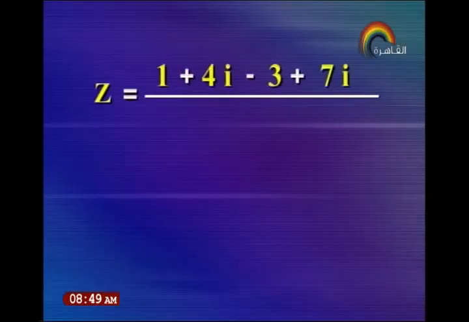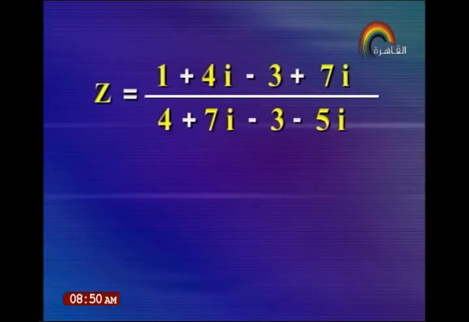We know that i squared equals negative 1, i power 3 equals negative i. Dear student, in complex numbers, we know that i is the imaginary number. What is the imaginary number? It is the square root of negative 1. The square root of negative 1 equals i, then i squared equals negative 1. I power 3 equals negative i, i power 4 equals 1. By substitution, i squared equals negative 1, i power 3 equals negative i. Then we deduce to the complex number.